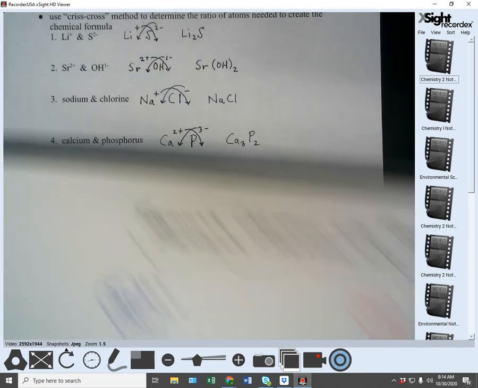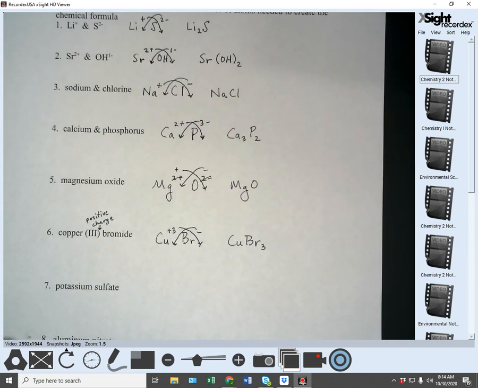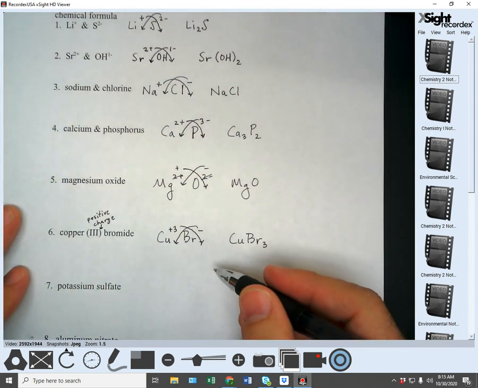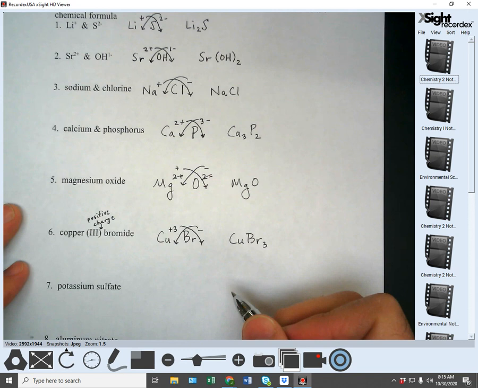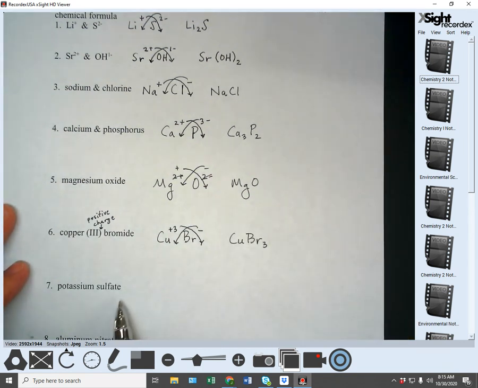Okay, now let's take a look at some more down here. Okay, let's see. Okay, potassium sulfate.